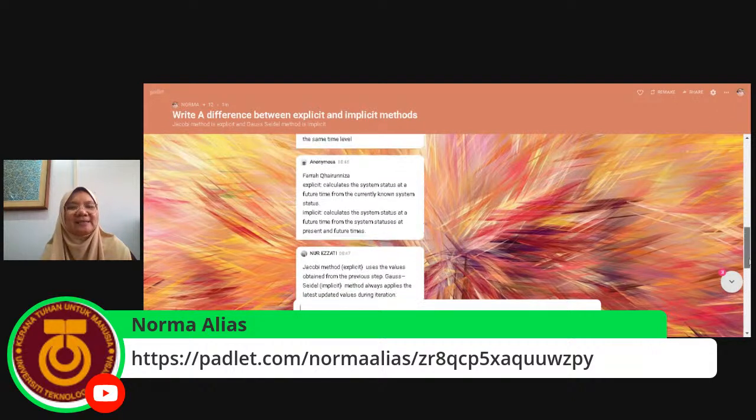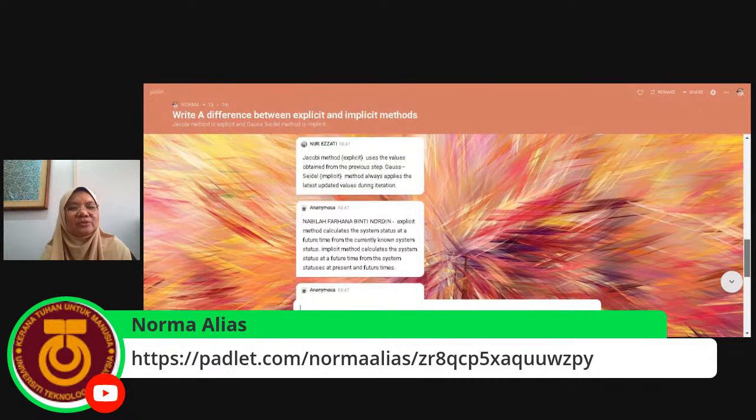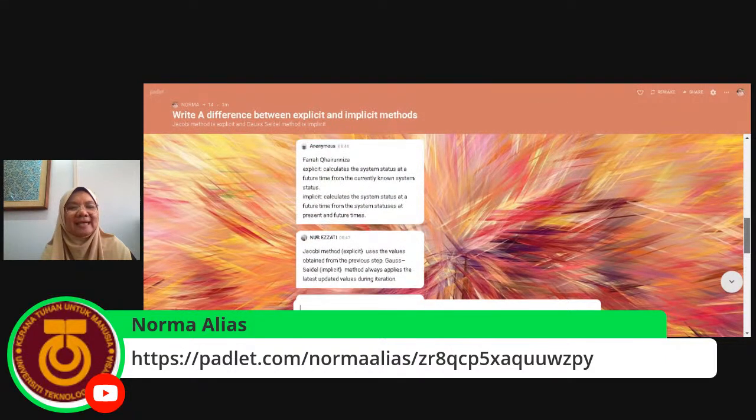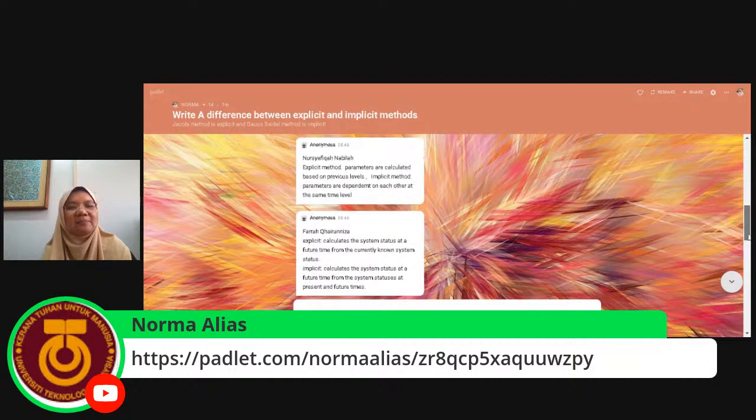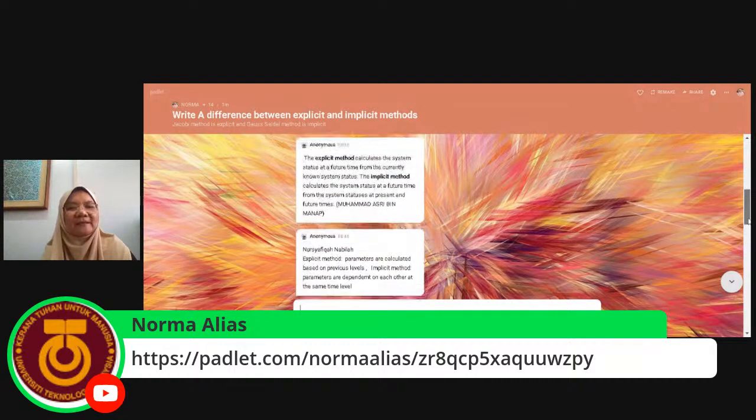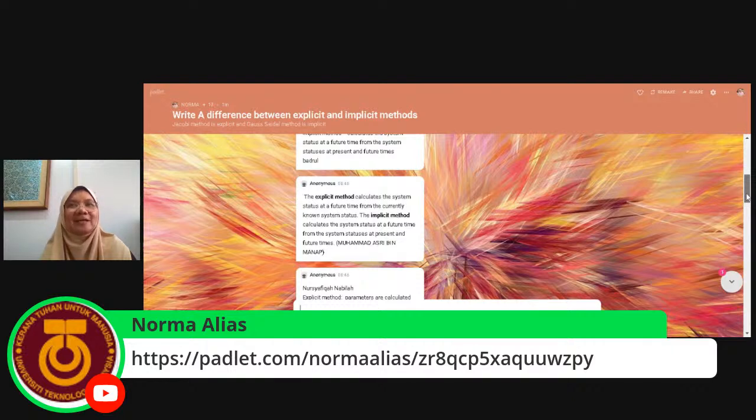Very good answer. Farah also wanted to express again that explicit calculates the system future. Then Nur Syafiqah said explicit parameters are calculated based on the previous level, and implicit parameters depend on the current or same time level. Very good. What level? Time level, grid level, or iteration level? I'm going to explain.